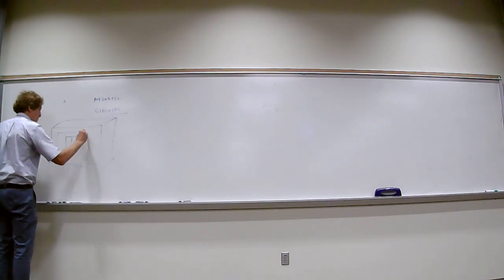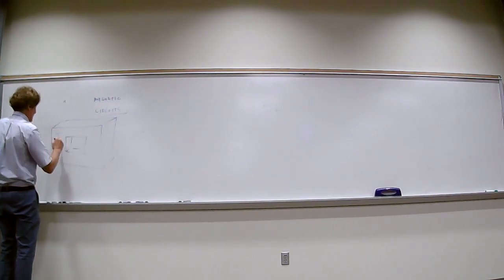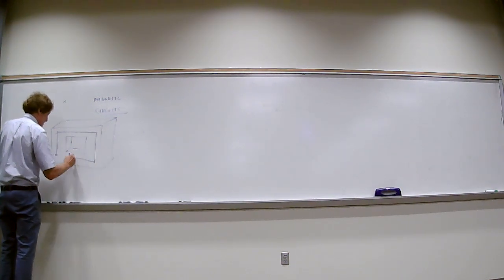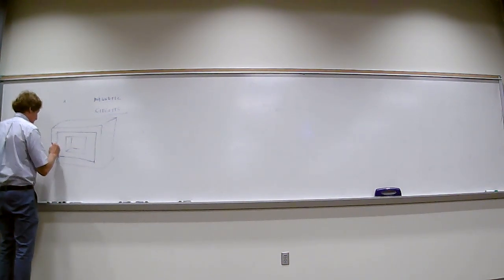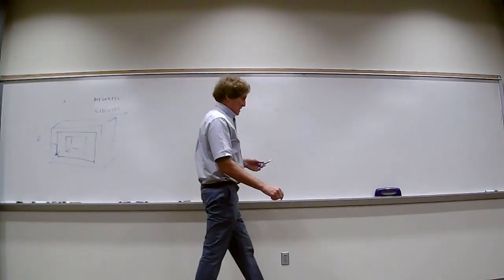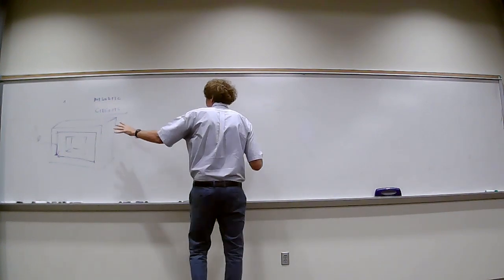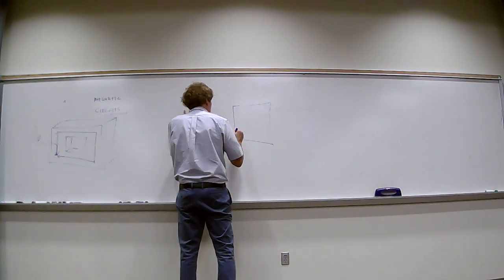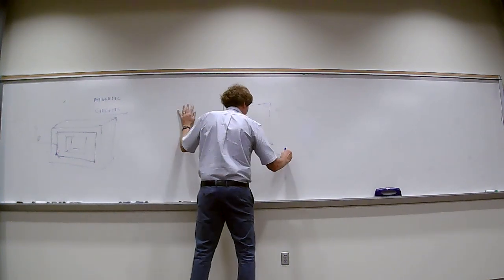If I went around this thing this way, it would have a total length L. You get the idea, it's a 3D picture there, but I'm going to assume we can look at this from a 2D perspective.